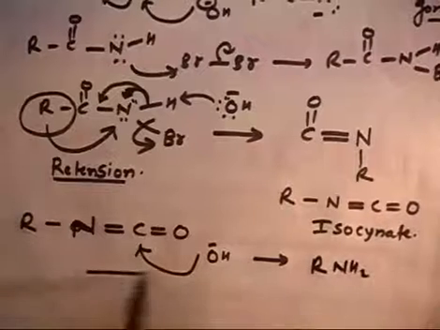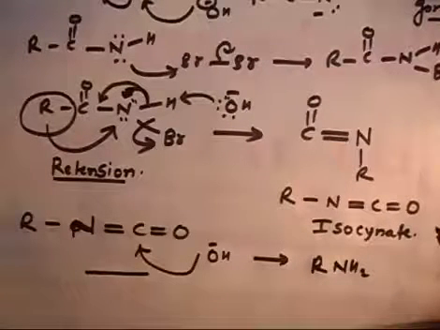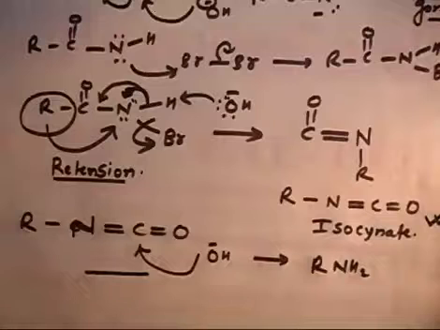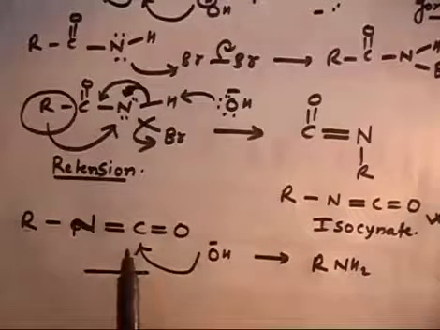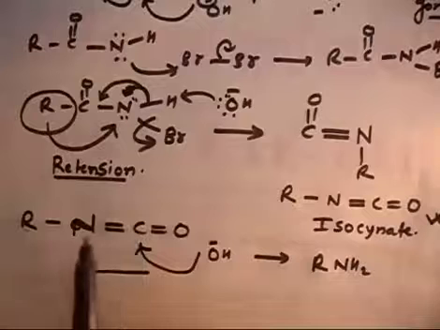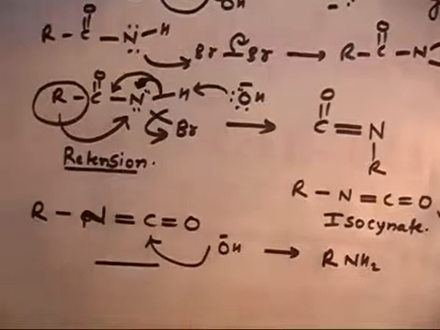Up to this point I have explained. So I will get an isocyanate, and OH minus will attack here, this will open up, return back, nitrogen will have hydrogen, and finally CO2 will be lost. That I am not explaining.